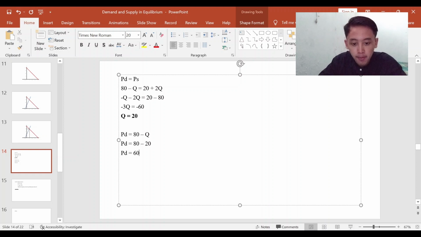So the price demanded at the equilibrium quantity is 60. Let's go ahead and check by plugging the quantity of 20 into our supply equation.